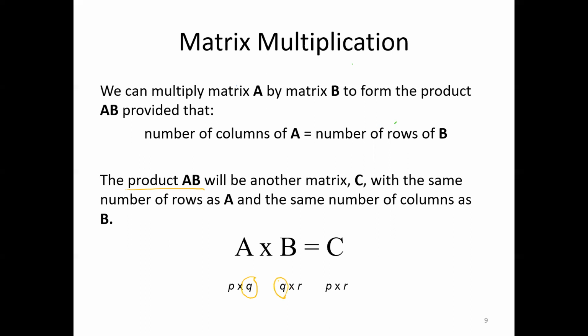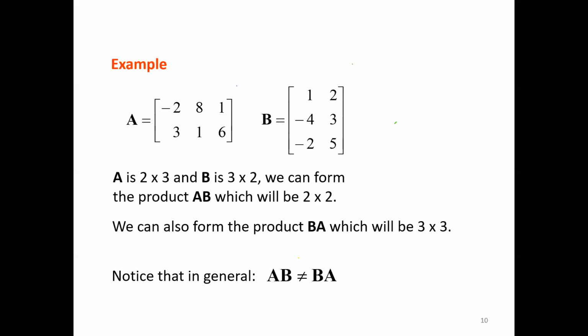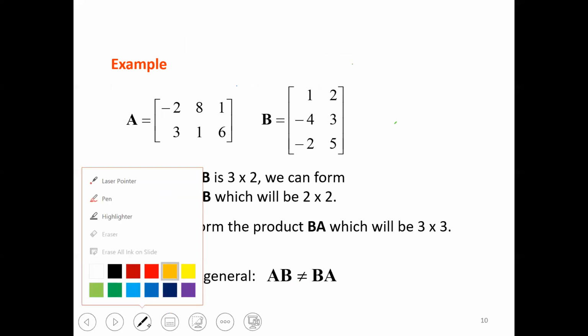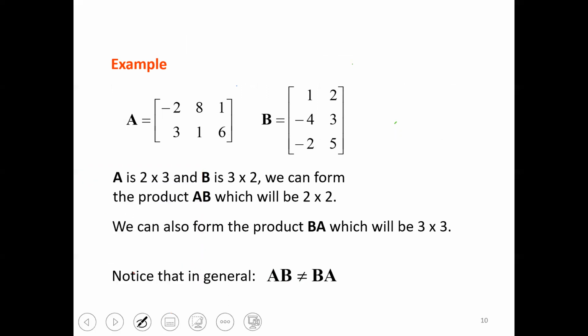And the result is going to have the same number of rows as A and the same number of columns as B. So for example, here we have matrix A. How many rows does A have?